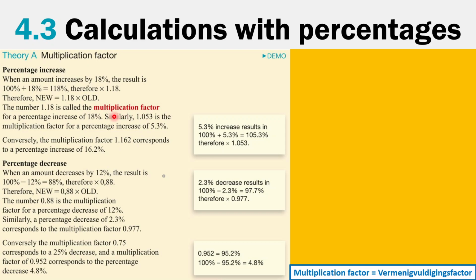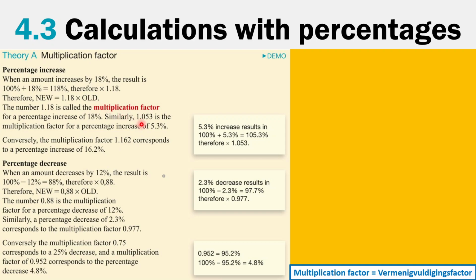A multiplication factor, for example, if I have an amount that increases with 18%, I say 100% plus 18% is 118%, so I multiply it with 1.18. That is the so-called multiplication factor.